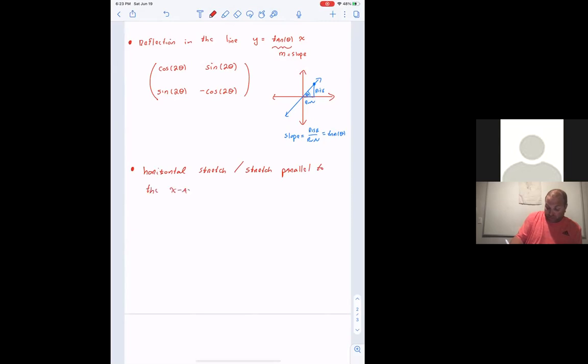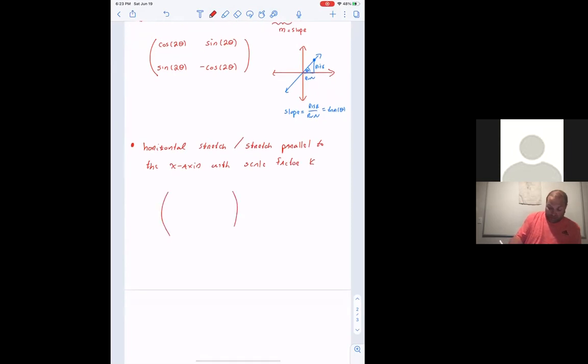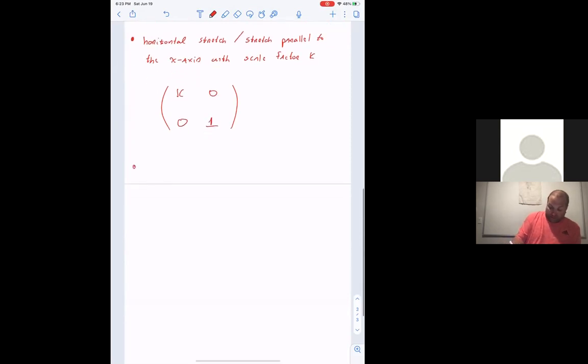It might use either notation for that, with scale factor k. And that is k, 0, 0, 1. Again, I'm not proving any of these. I'm just giving them to you.